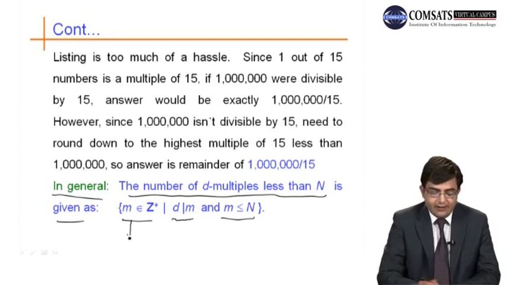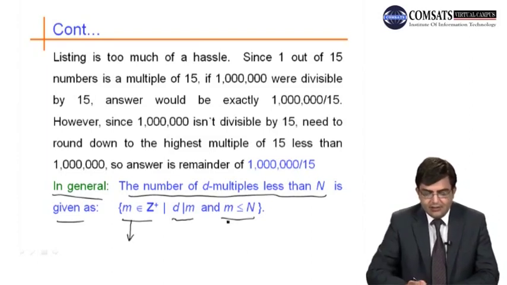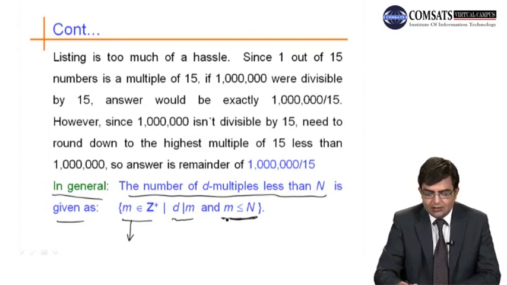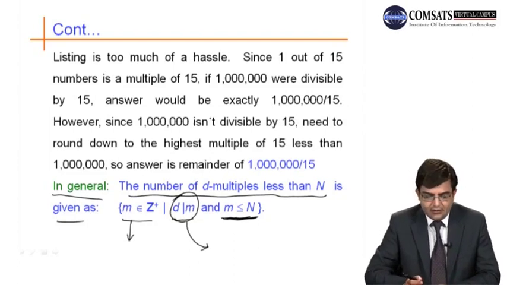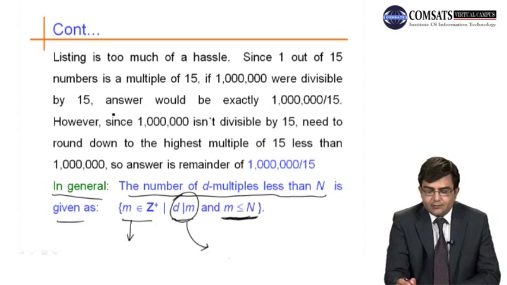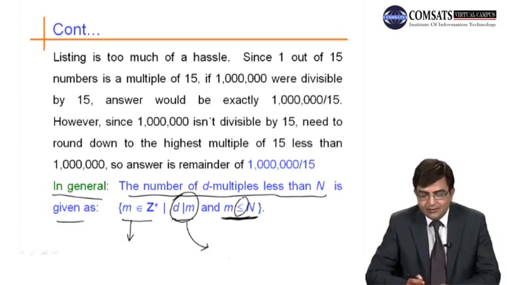We find the integer m which is immediately less than or equal to n, such that d divides m, and the answer of this division gives the multiples of d. Here one more thing: we have the equality in this sign, m is less than or equal to n.